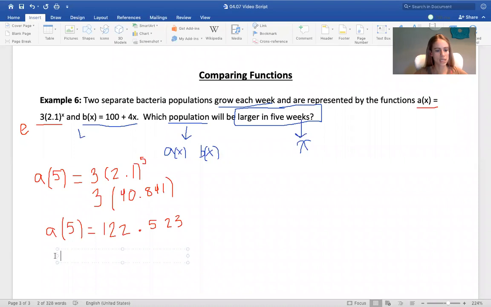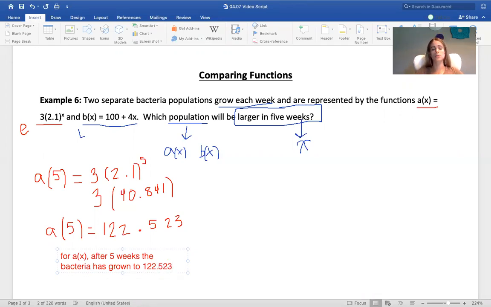So what that means for a of x, after 5 weeks, the bacteria has grown to 122 and 523 thousandths.